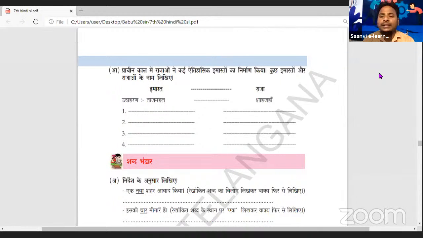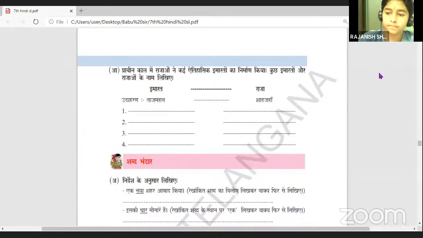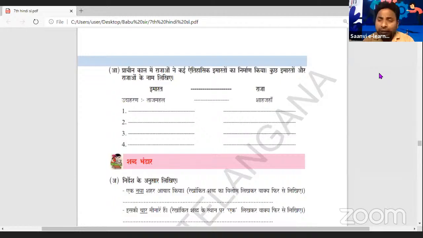Read. Which building did you write about, and tell me which king built it. What did you write? Read. There is no book, sir. Then why did you put the thumbs up symbol? Okay, then orally you can say, tell me 4 mansions and who built them. Shivaneshwar, you are wasting time. So many students have raised a hand.